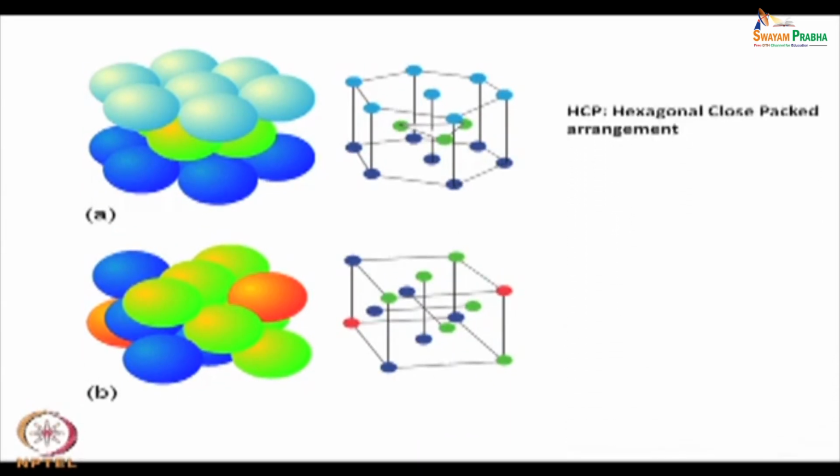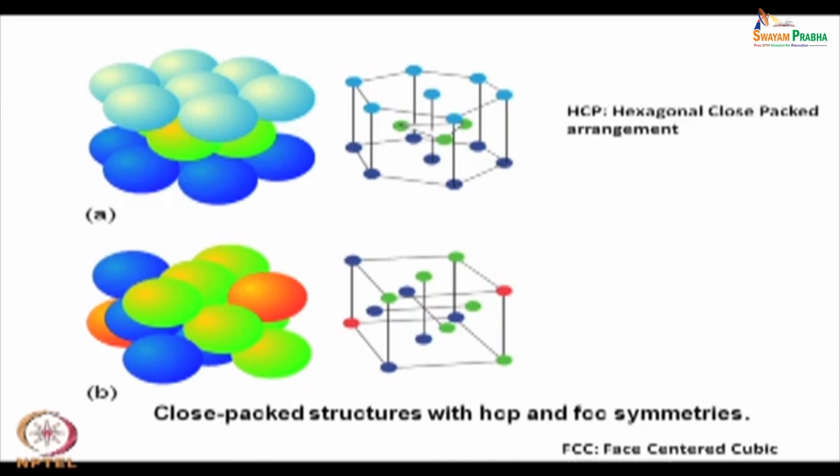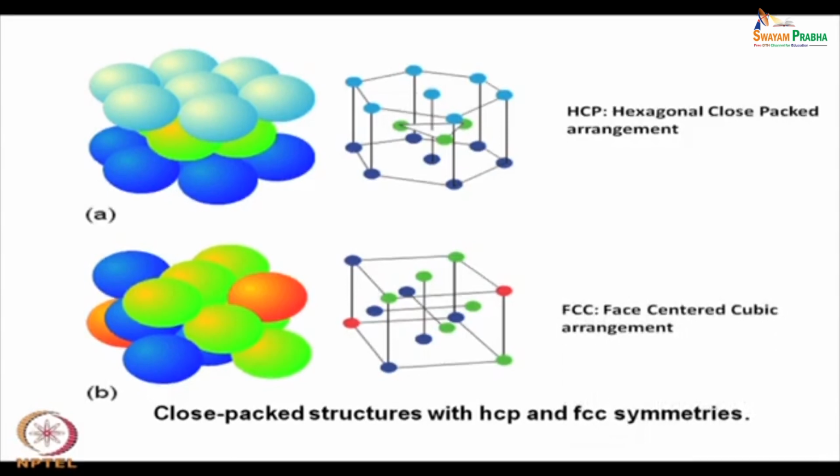These are the two structures which we have discussed earlier. One is the HCP structure, hexagonal close packed structure, and the other is the FCC structure, or face centered cubic structure. Both of them are close packed structures, that is the maximum packing you can achieve with solid spheres, or atoms of a spherical nature.